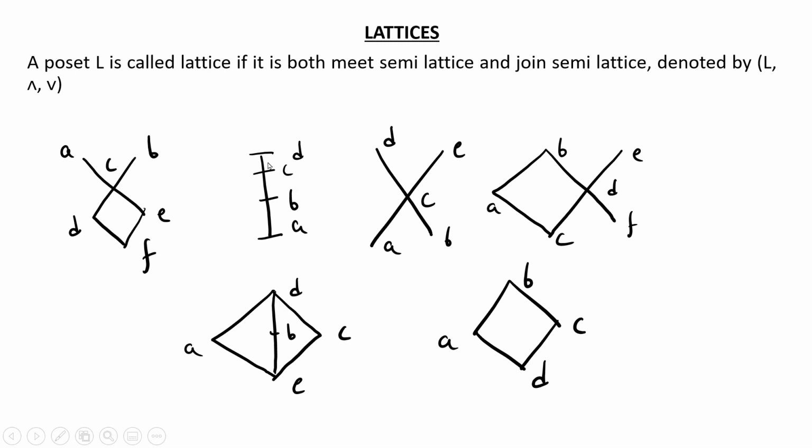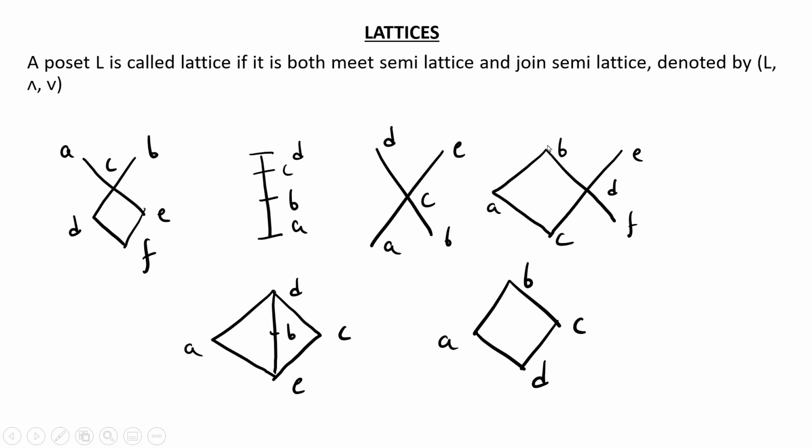This is a join semilattice and a meet semilattice also. So this is a lattice. And there is a problem with the D, E and A, B pairs. So this is not a meet semilattice and not a join semilattice either. So this is not a lattice.